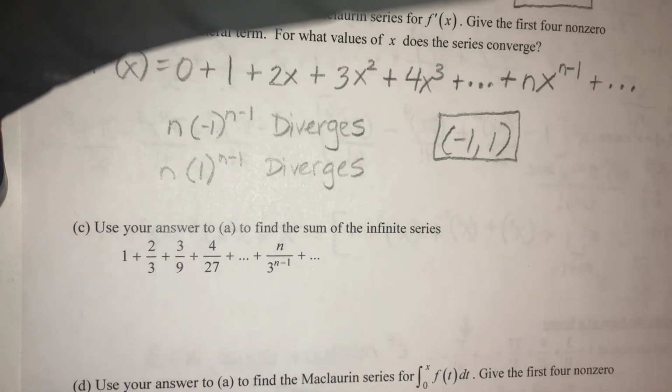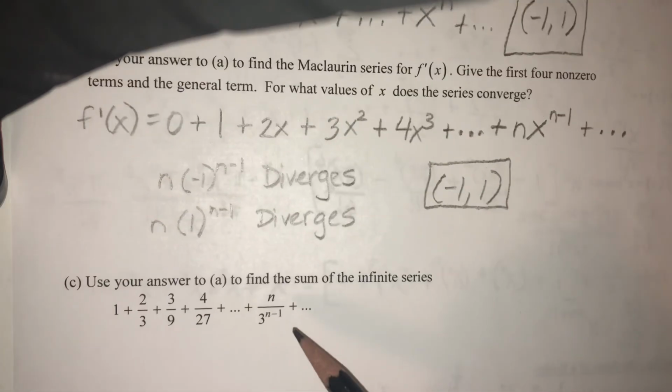Now, part C says to use your answer to part A to find the sum of the infinite series. Okay, so if you take a look at this series, this one looks like the derivative of 1 over 1 minus x, which kind of makes sense why they would say use your answer to part A, because we're using the same series.